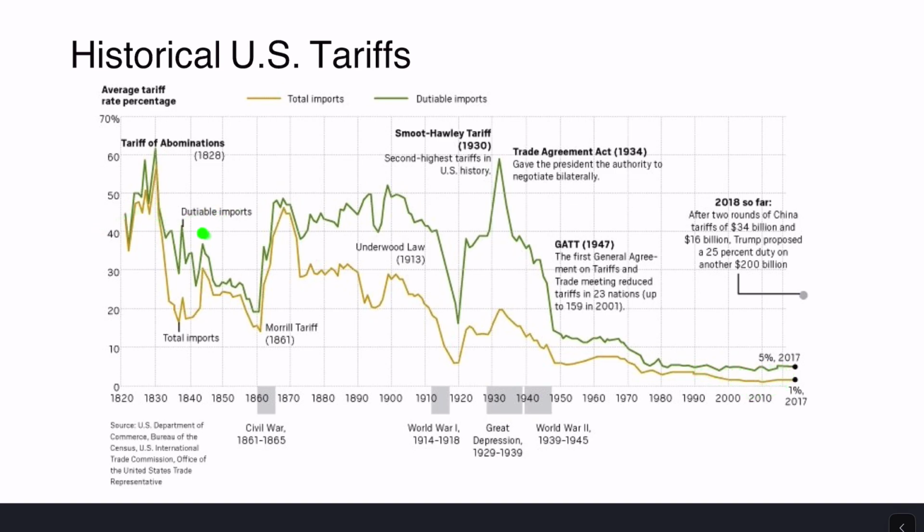So way back in the 1820s, 1830s, we had really high average tariff rates on most goods of 40 to 50%, up to 60% in the tariff of abominations. The reasoning for this is that the U.S. government didn't have a way of getting income taxes. So they needed to raise revenue somehow. It's really easy to check what goods are coming off of boats at all the ports in the United States. And you can't take your goods off your boat unless you pay your tariff revenue, right?